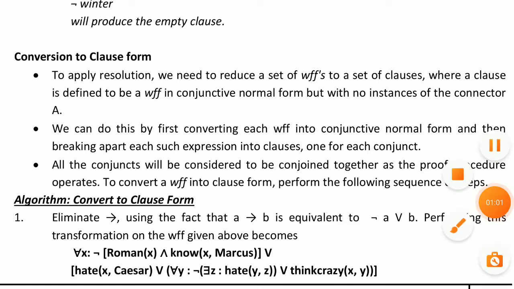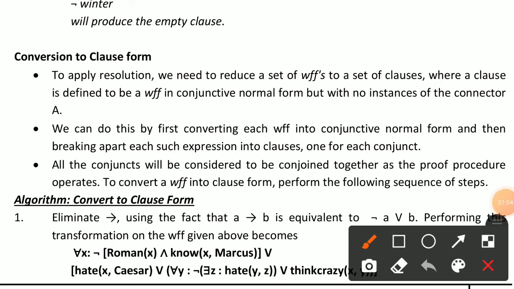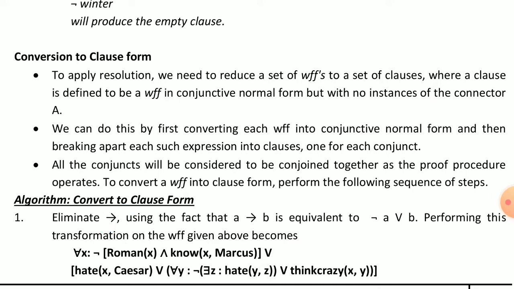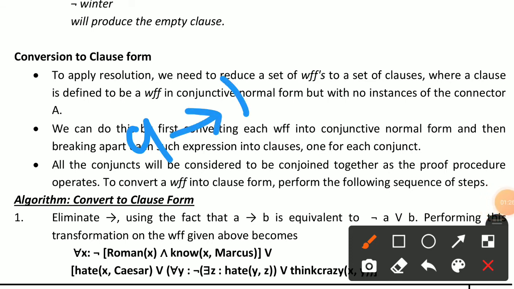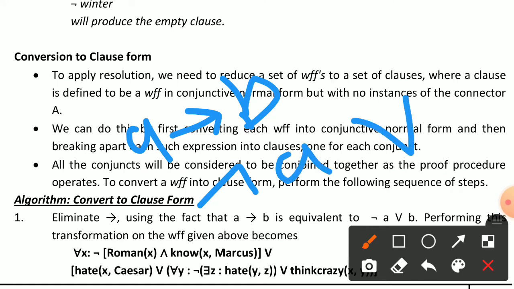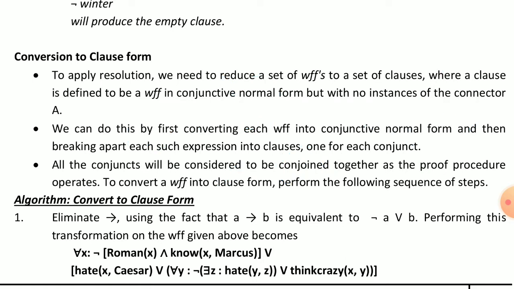In this algorithm, first we eliminate the implication arrow, using the fact that A implies B is equivalent to not A or B. We can say that A implies B is equivalent to not A or B. Then we perform this transformation on the well-formed formula given above.